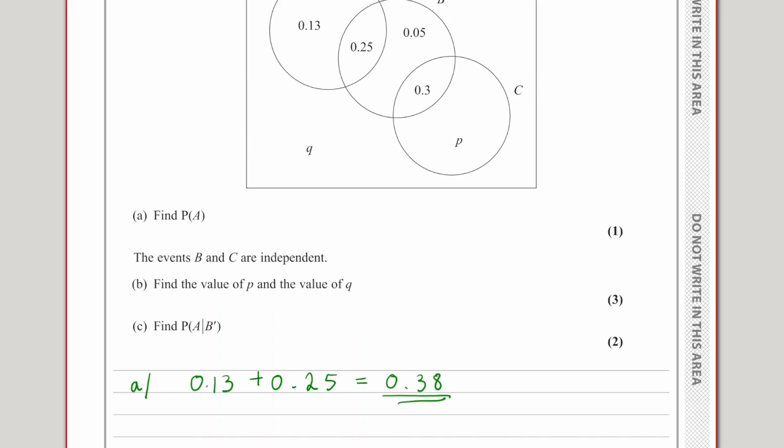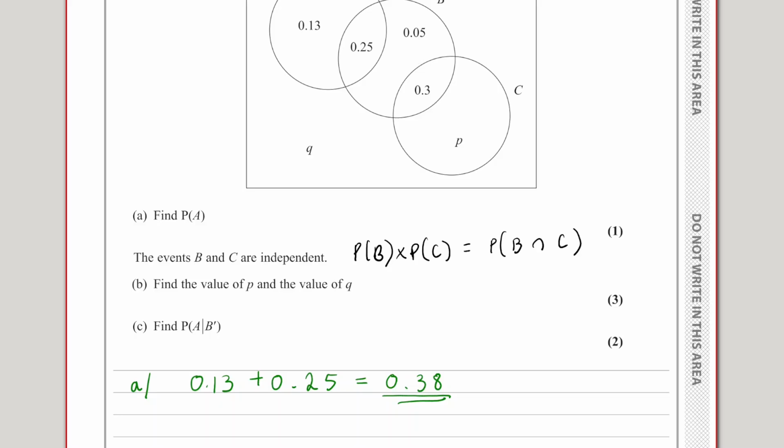The events B and C are independent. If they're independent, that means the probability of B times the probability of C is equal to the intersection, the probability of B and C. So find the value of P and the value of Q. So let's use that.